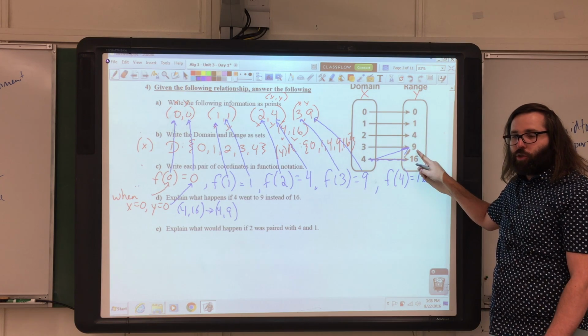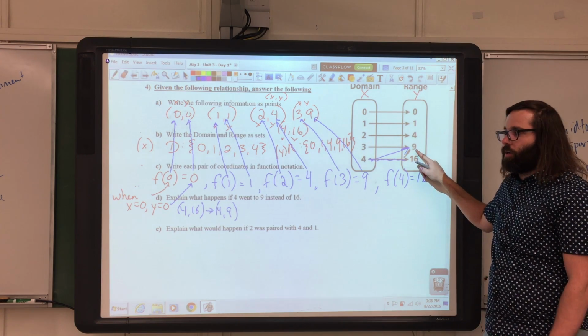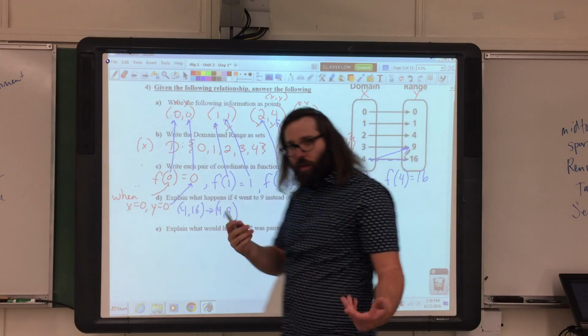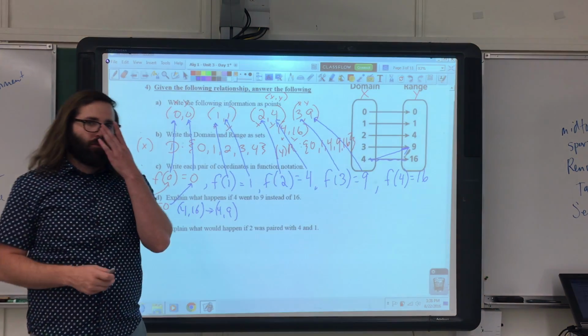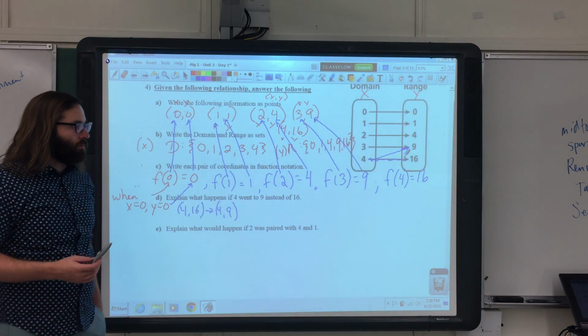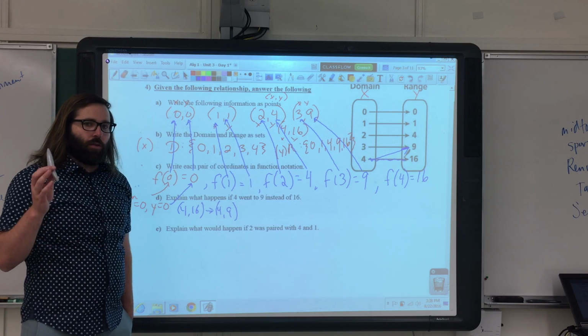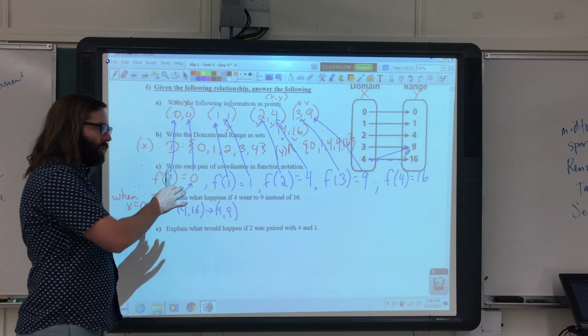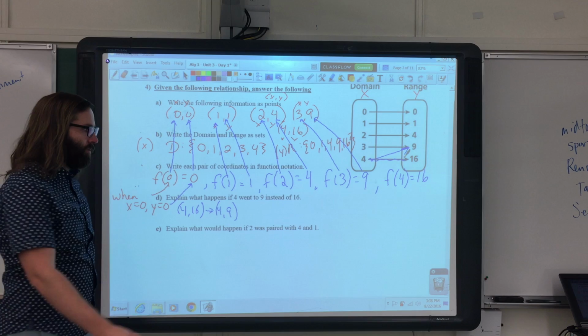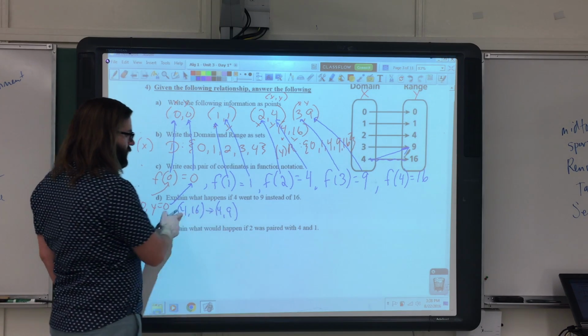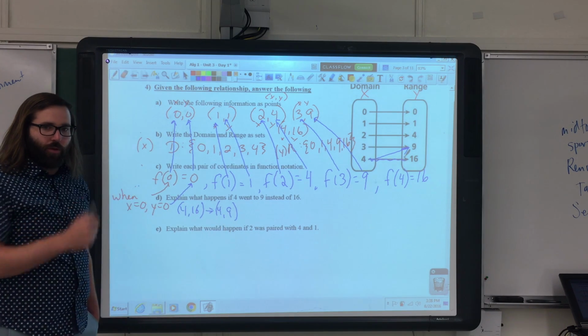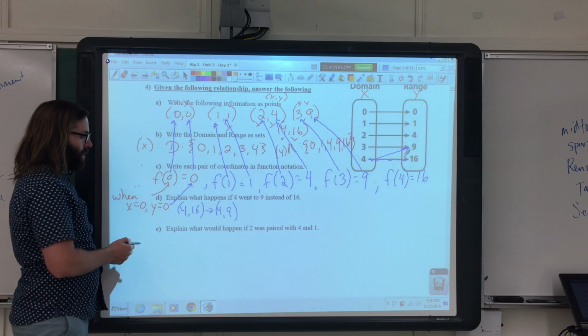This would mean we have 2 of the same y values. Can we have the same y values? Okay, yes we can. Remember, passes the vertical line test. We just can't have the same x values. So you would just have the same y values in two different coordinates.